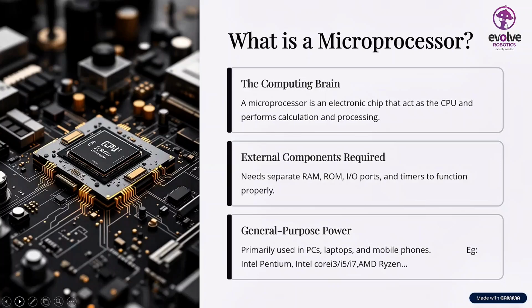The external components are RAM, ROM, input-output ports, timers, etc. Microprocessors are commonly used in PCs, laptops, mobile phones, etc. Examples for microprocessor are Intel Pentium, Intel Core i3, i5, i7, AMD Ryzen, etc. The architecture of microprocessor is von Neumann architecture.